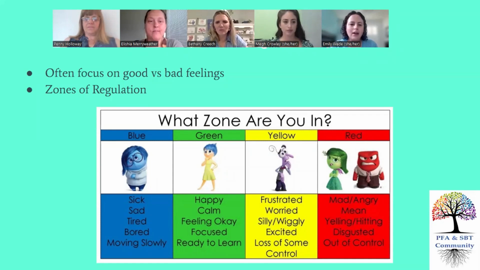Another issue with zones of regulation and things like it is that it doesn't give them any strategies for how to get back to green. Even if we are identifying that we're blue or yellow or red, it doesn't provide any tools for helping you move away from that, even if that was the goal.